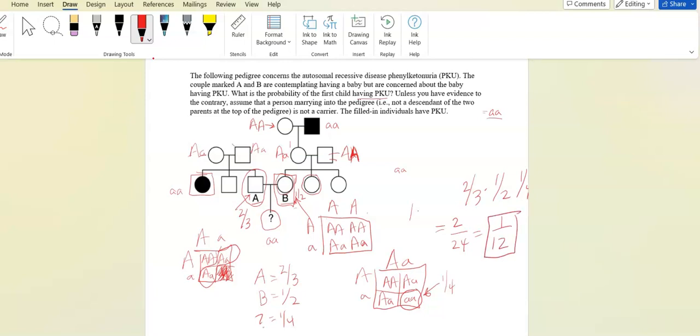Let me just do the math real quick. That is 0.083 repeating, or roughly 8%. That is the probability that this offspring, based on this pedigree, would have a child that has PKU. So I just wanted to go over that so that you would know how to solve that problem.